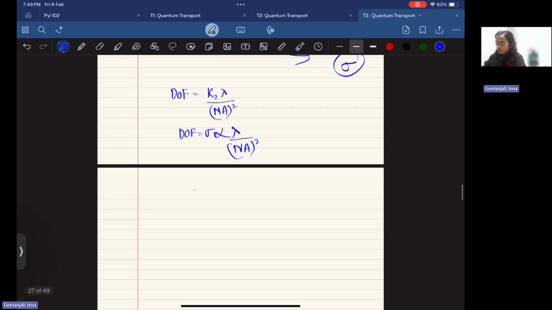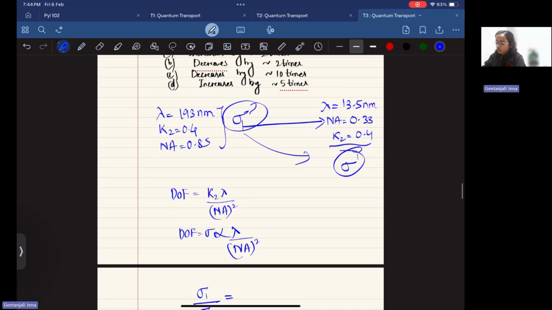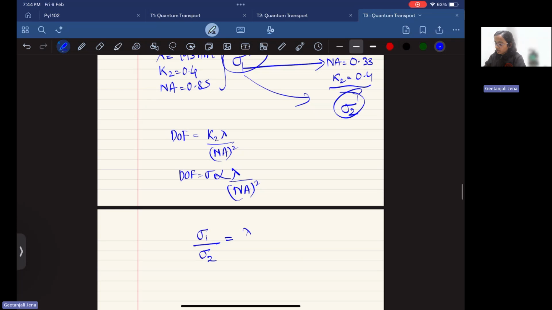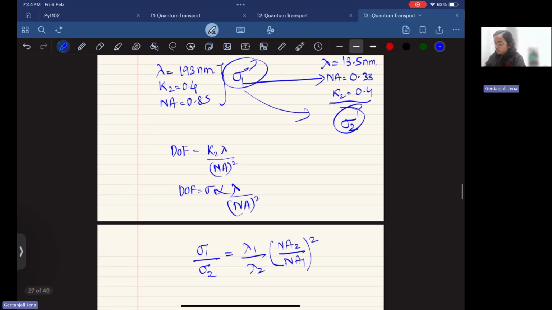So just put in the parameters that we have. If we divide sigma 1 by sigma 2, this will be lambda 1 by lambda 2, multiplied by NA2 by NA1 square.